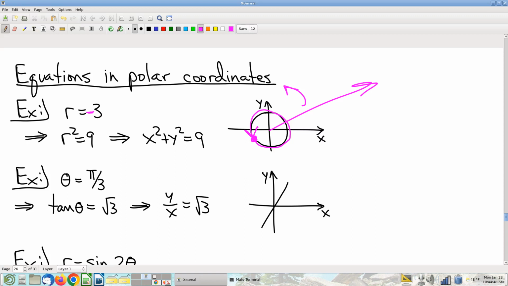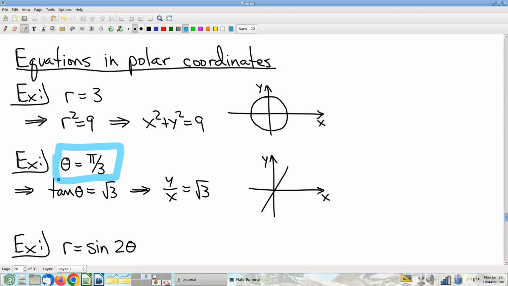Okay. Alrighty. Let's see here. Okay, so theta equals pi over 3. And again, you can make a direct argument about this one: theta equals pi over 3 means I'm talking about that direction. Apparently there's no constraints on r. R could be anything, positive or negative, and that gives you this line.